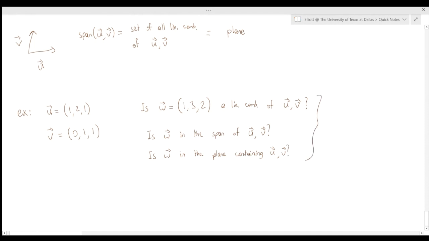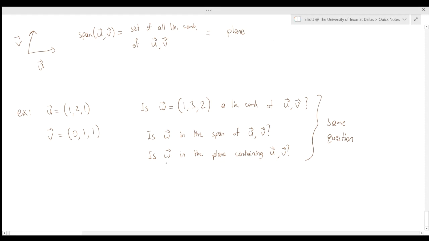Okay, so these three questions are all the same question, right? Because to say that w was in the span means that w was a linear combination of u and v. And because u and v are not multiples of each other, so they're not collinear, they would form a plane.